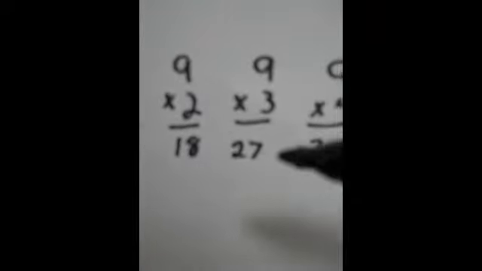And it gets smaller in 27, 36, 45, 54, 63, 72, and 81. Also, if we look at the tens place, we can see that it slowly increases or gets bigger. So we can see here, 1, 2, 3, 4, 5, 6, 7, and 8.